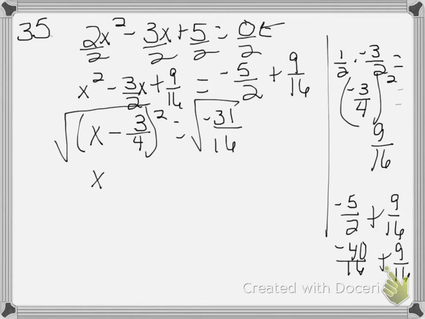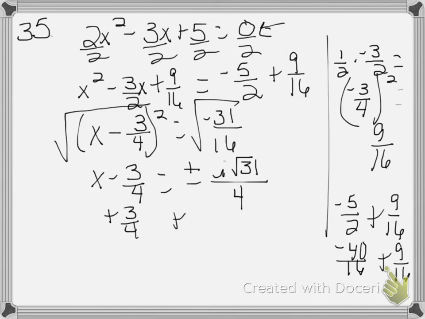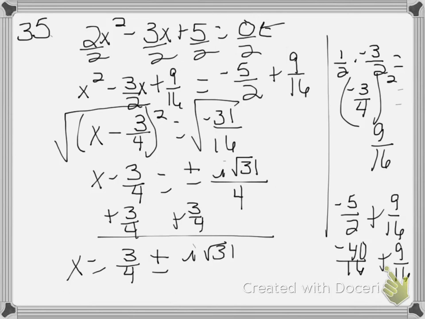So that's x minus 3/4 is equal to plus or minus. Now, I cannot take the square root of negative 31, so that's i square root of 31, and I can take the square root of 16, so that's 4. Add 3/4 to both sides. So that's x is equal to 3/4 plus or minus i square root of 31 over 4.